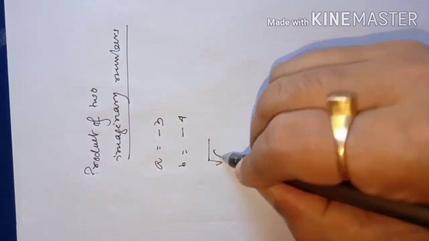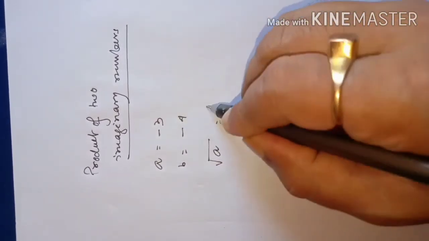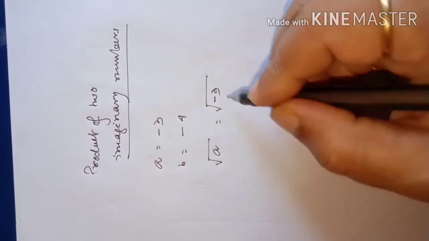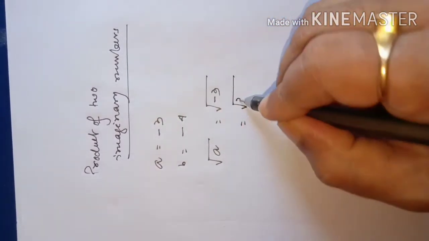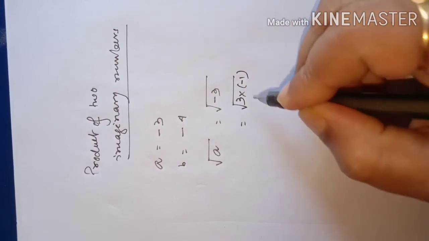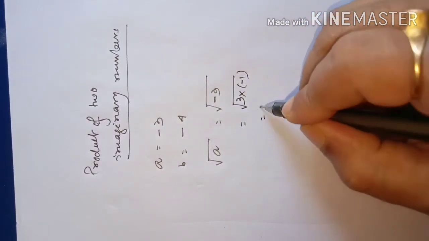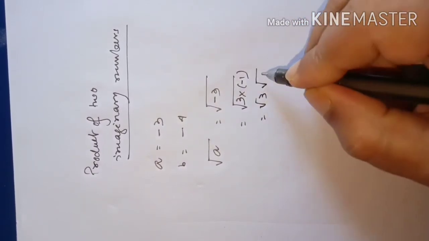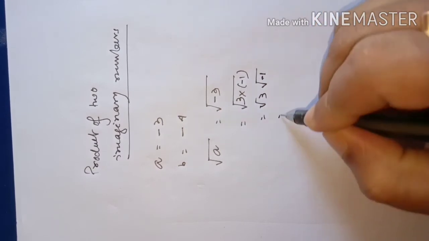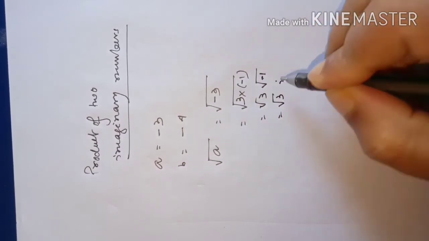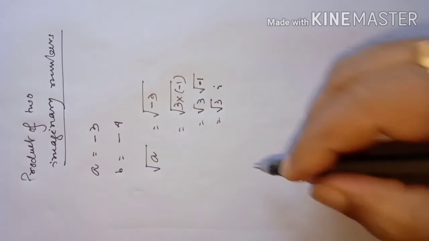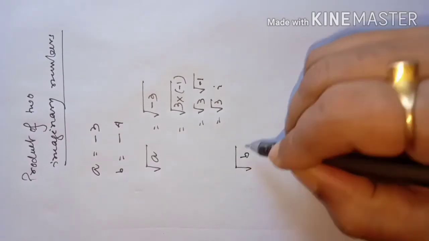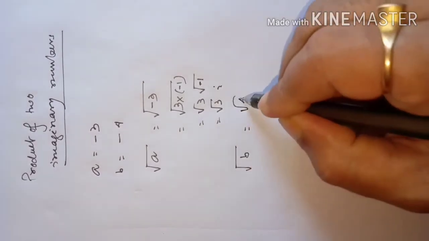Then under root a, that means under root minus 3, can be written as under root 3 multiplied by minus 1, that is equal to under root 3 under root minus 1, which can be written as under root 3 iota. Again, if we write under root b, then it will be under root 4 iota.